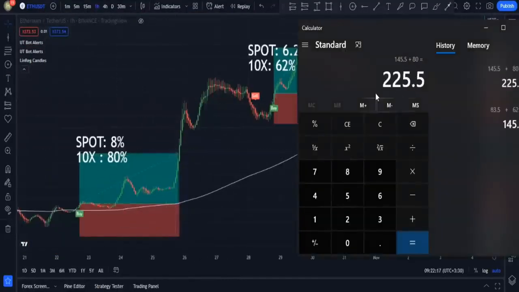With only 3 trades, we could gain 225% profit, which is a truly big profit for such few trades. I really recommend using this strategy because it is very accurate. But if you want another strategy that is as good as this one, make sure to watch the next video. Take care and goodbye.